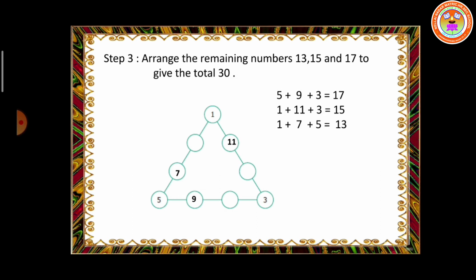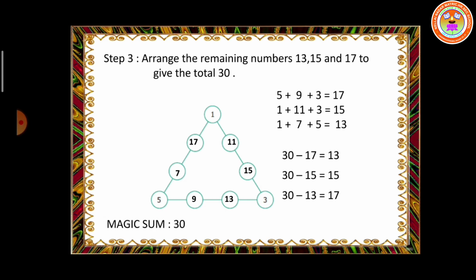The total they have given is 30. 30 minus 17, 13. We want to write 13 on that line. Next, 30 minus 15 is equal to 15. We want to write 15 on that line. Next, 30 minus 13, 17. Can you understand? Magic sum is 30.